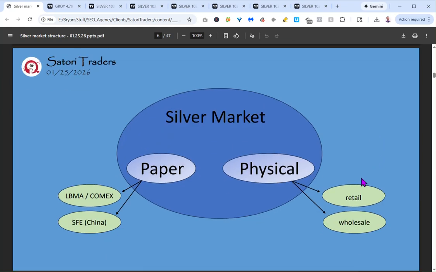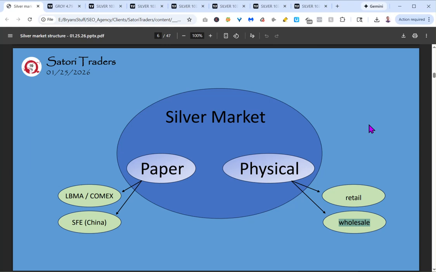Let's keep rolling. What else do we have here? Okay, now let's flip over and talk about the physical side of the market. Well, there's retail. I saw some of that yesterday when I was at the coin shop. Clearly that's the retail side of the market. And then obviously there's a wholesale side of that market.